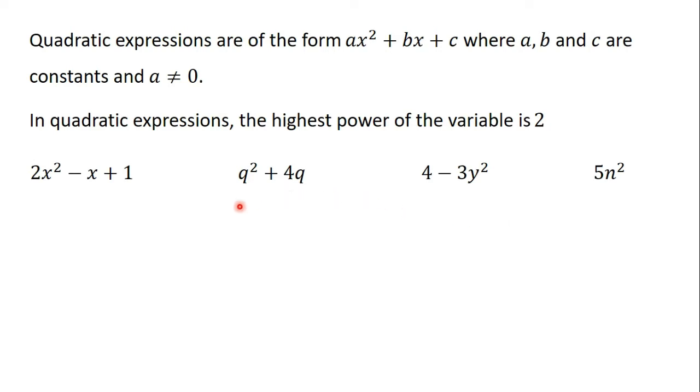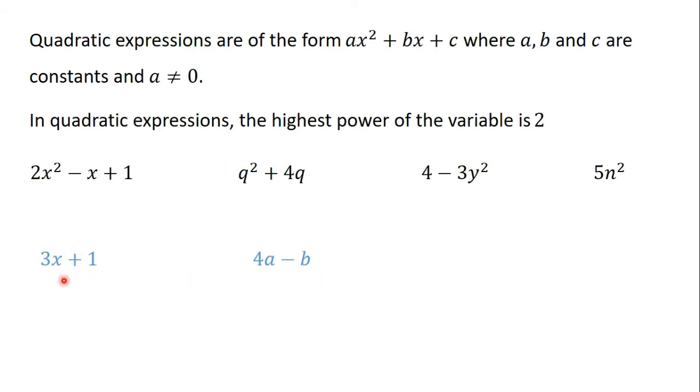Let's learn more about quadratic expressions. In the video on Introduction to Linear Equations, we learned that in a linear expression, the highest power of the variable in that expression is 1. So, for example, the expression 3x plus 1 and the expression 4a minus b are linear expressions because the highest power of the variable in each of these expressions is 1.